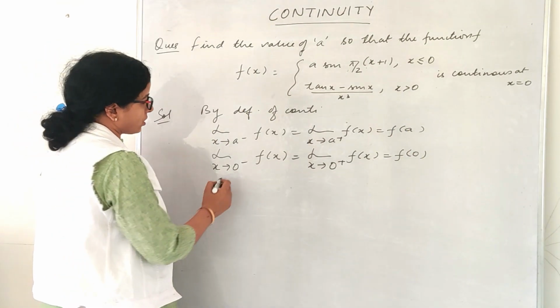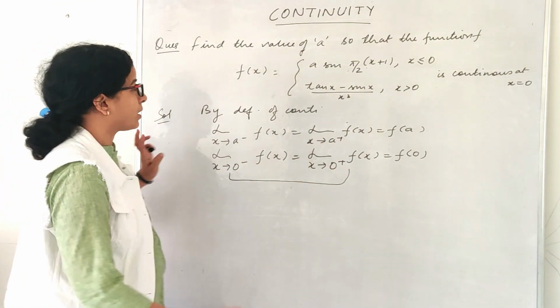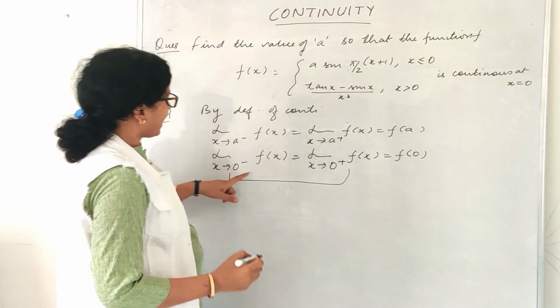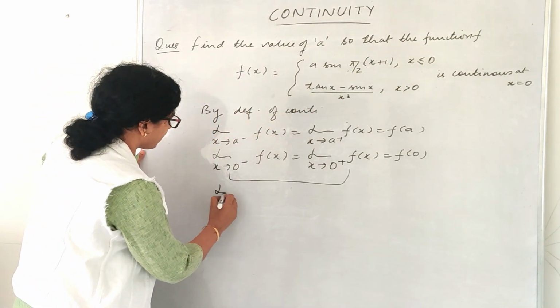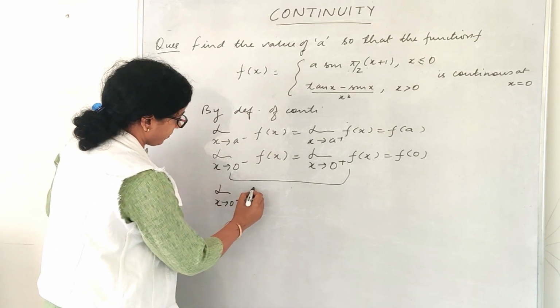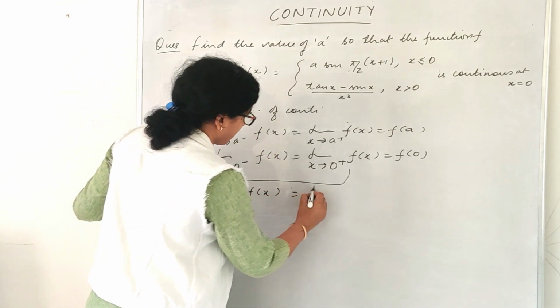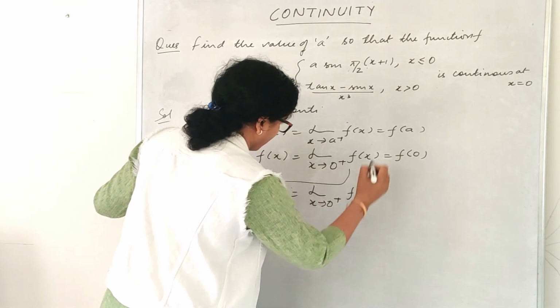So since my function is continuous, I am only taking the left hand limit and right hand limit part. So x less than 0 negative means we will take the x less than part. So limit x tends to 0 negative f(x) equals limit x tends to 0 positive f(x).